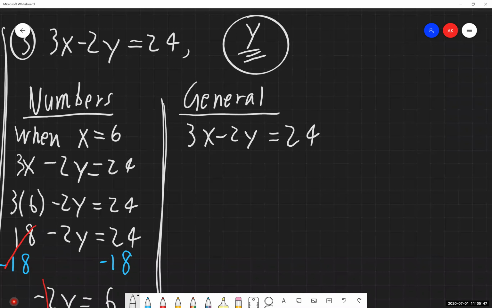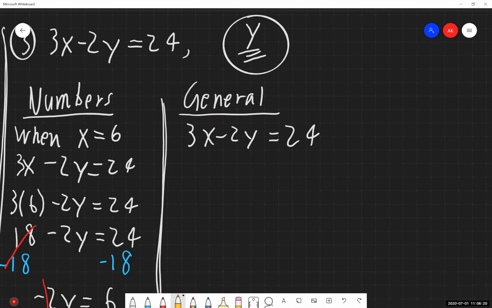So I'm going to treat any and all other variables in this problem as if they were just numbers. So that 3x that's attached to it, that might as well be 18. It might as well be the number 20, it might as well be the number 50, whatever it may be in that regard. We're going to treat that as if that is just a number.